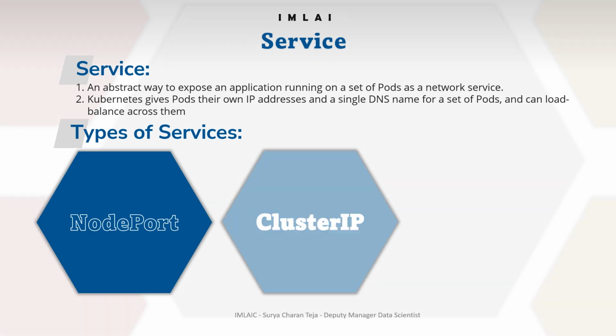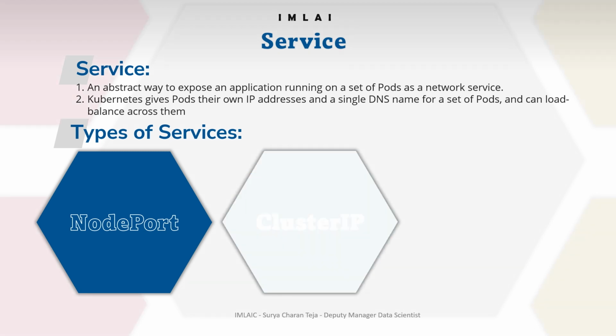The second one that we have is a cluster IP. If you don't want to expose it to outside network but internal, like Tomcat connecting to MySQL. So for MySQL you need a static endpoint. So you can create a service of type cluster IP. So cluster IP exposes the service on a cluster internal IP.